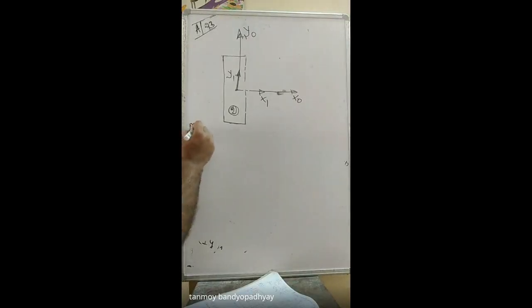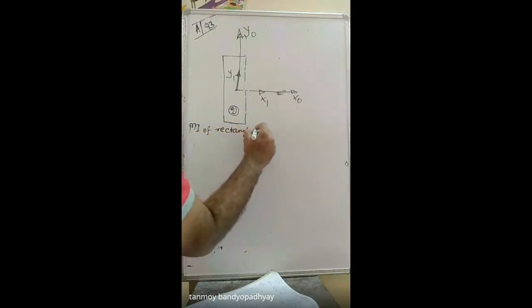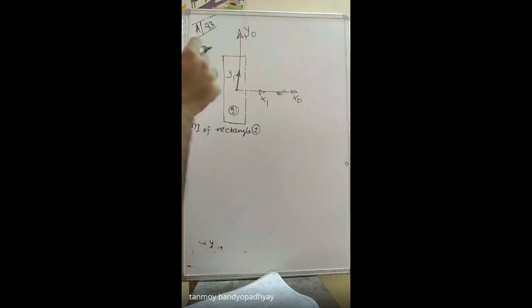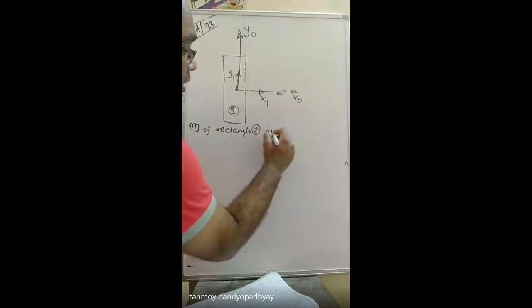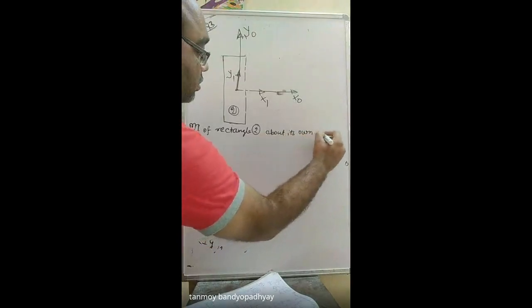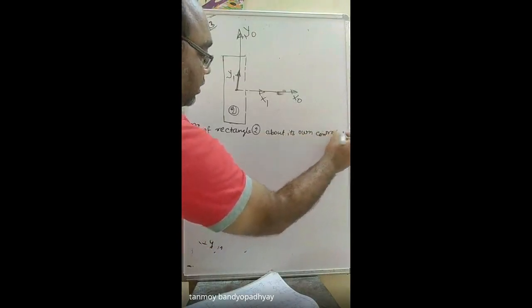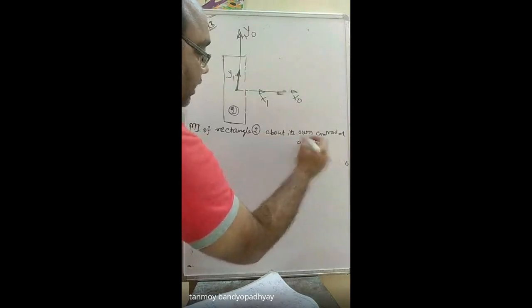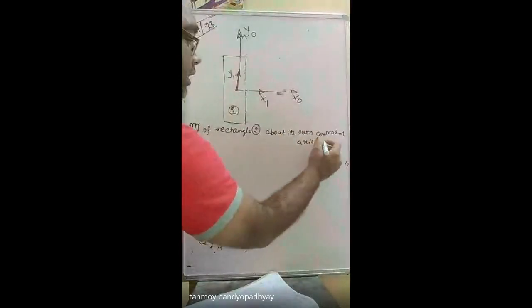So write now: MI of rectangle 2 about its own centroidal axis. Writing it has no real meaning, but still I am writing.